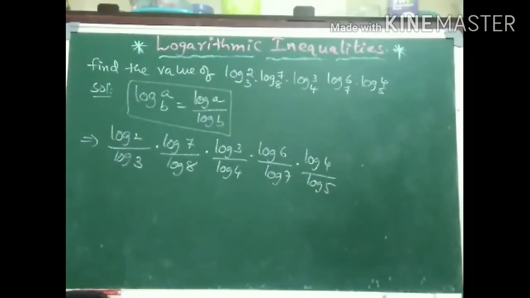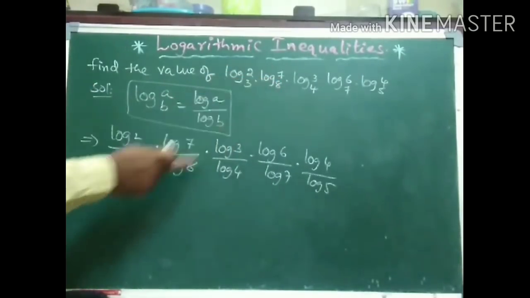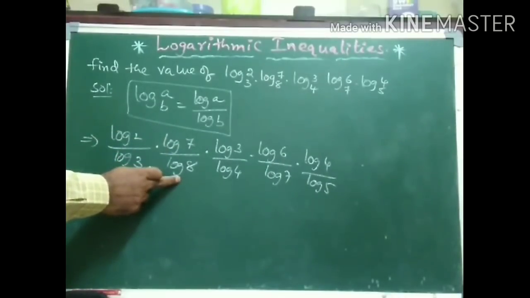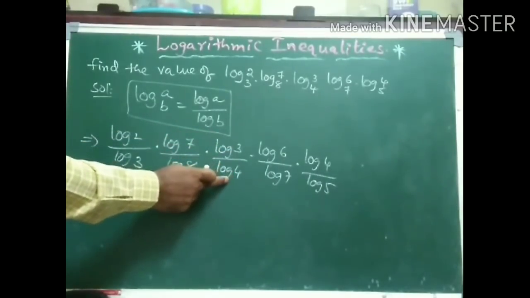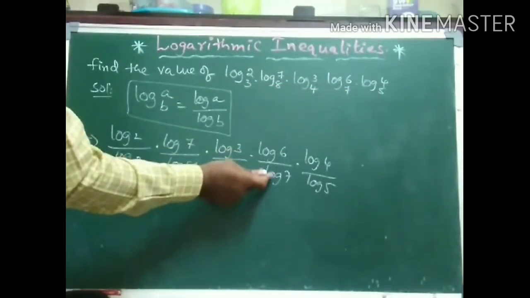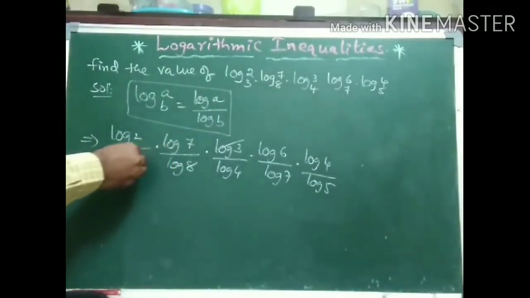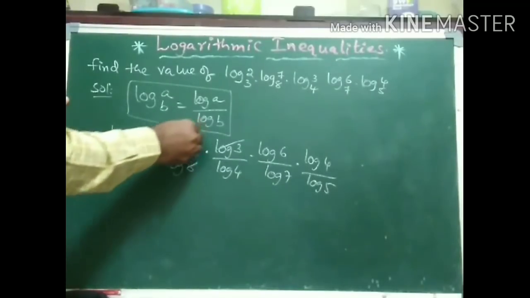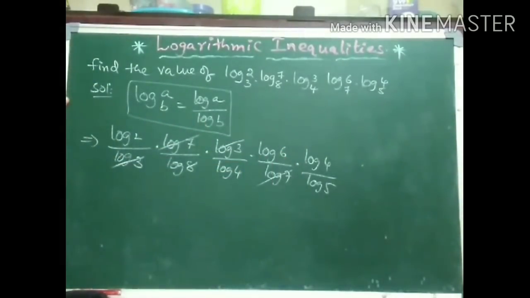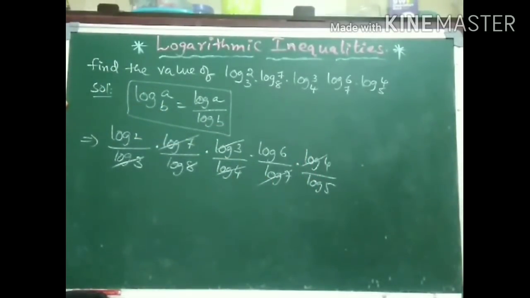Using this formula I can write log 2 to the base 3 as log 2 by log 3, into log 7 to the base 8 as log 7 by log 8, log 3 by log 4, and these two also we can write as log 6 by log 7 into log 4 by log 5. Now log 3 cancels, log 7 by log 7 cancels, log 4 and log 4 also cancel.